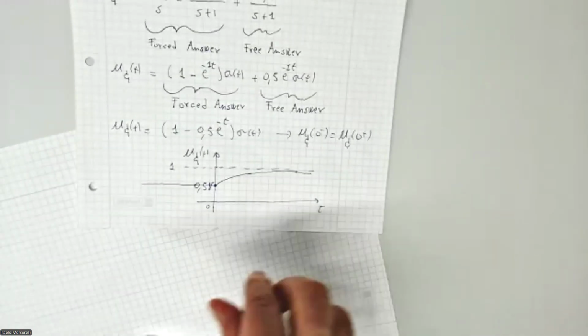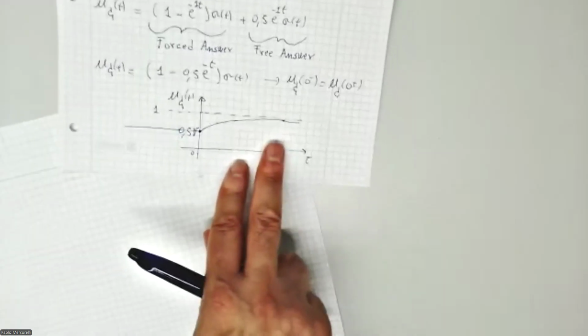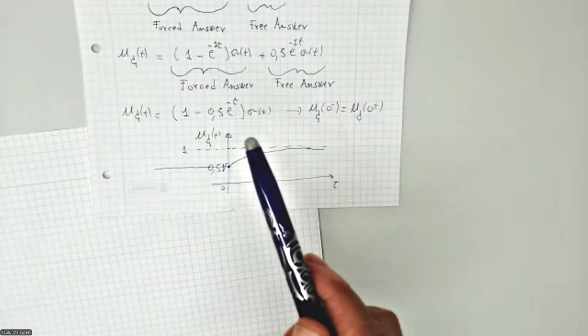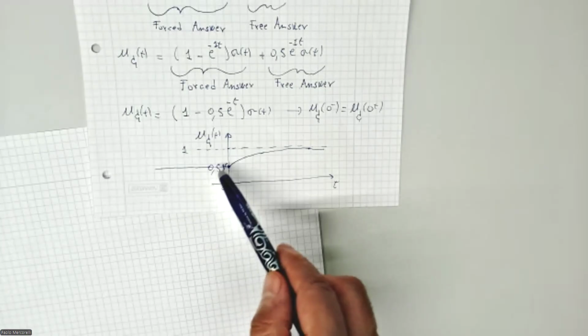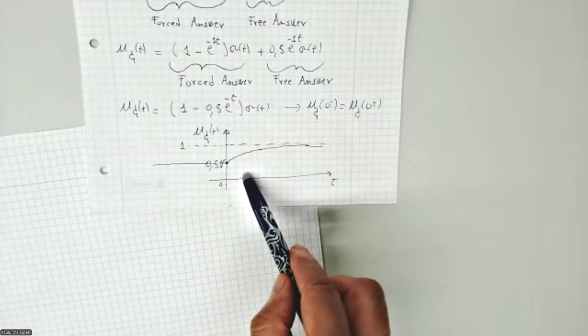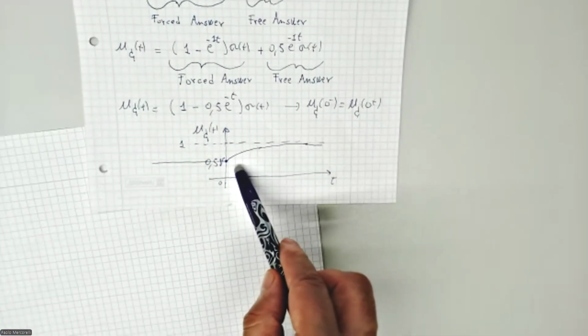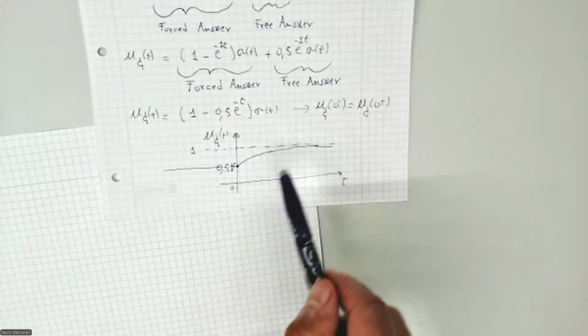You remember last time we calculated the current during C times equal 1, the derivative of this.